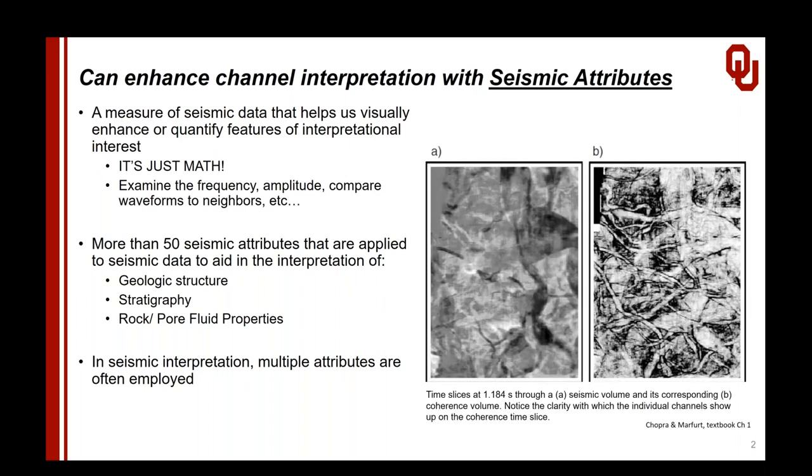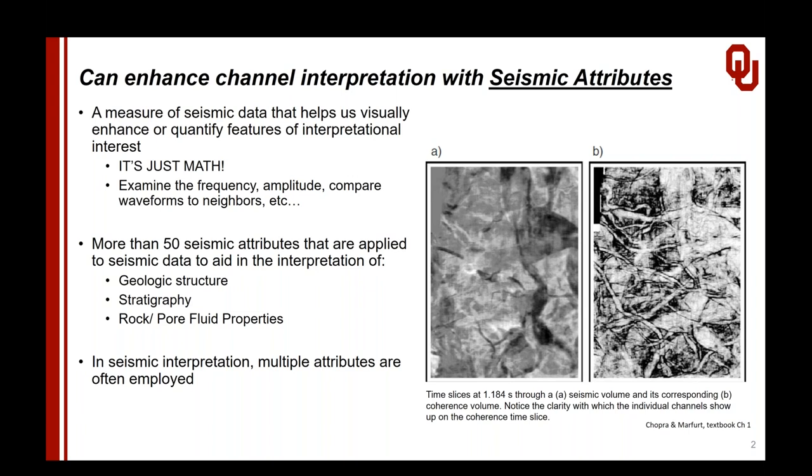As a classic example, on the left-hand side I have a time slice, so you can imagine it as a map view at 1.184 seconds through a seismic volume. This is what we would normally see with the seismic amplitude: some features, some gray blobs, some black sinuous features.